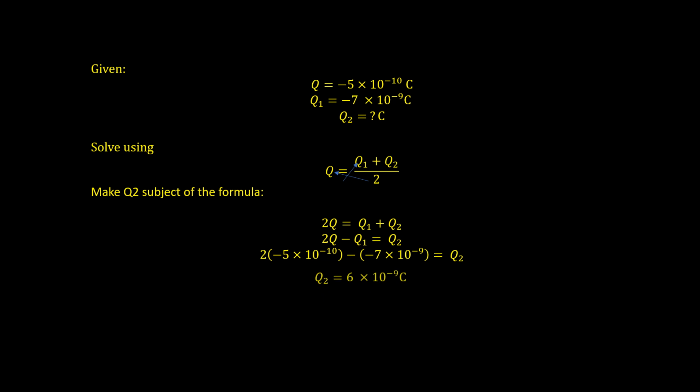When you put this whole expression as it is on your calculator, you will find that the charge Q2, the initial charge it had before the two spheres touched, equals positive 6 multiplied by 10 raised to the power of minus 9 coulombs. Now that we know that, we can go and look at our question and see which option is given by 6 multiplied by 10 raised to the power of minus 9 coulombs.